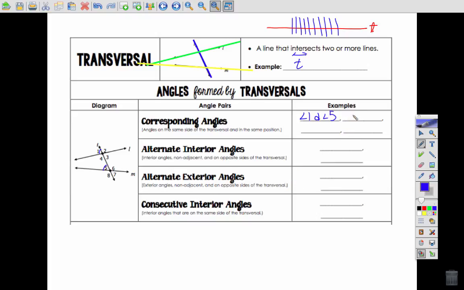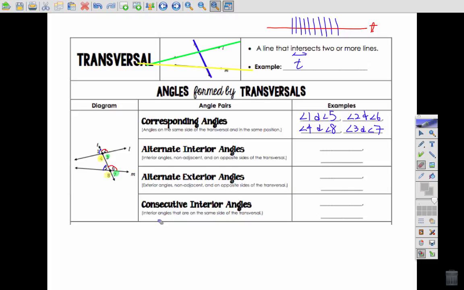By the same token, angle 2 and angle 6, angle 4 and angle 8, and finally 3 and 7, which are right under each line, to the right of the transversal.